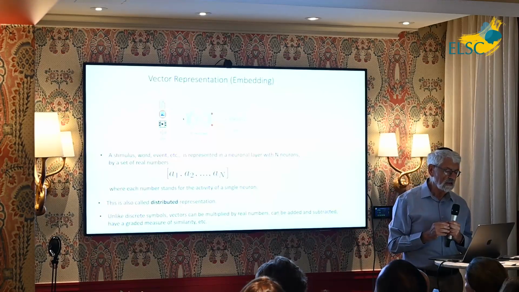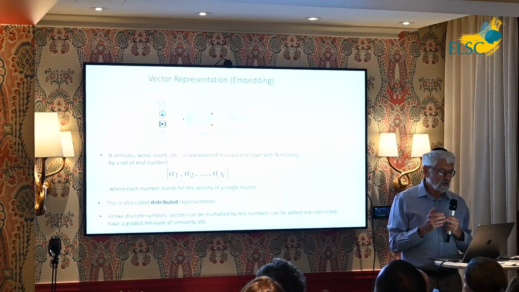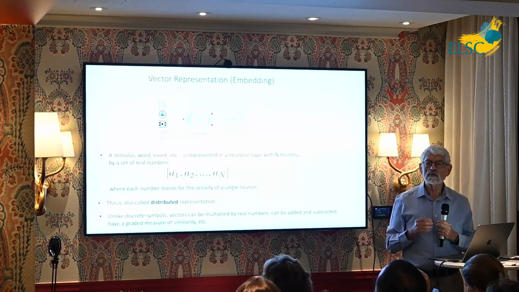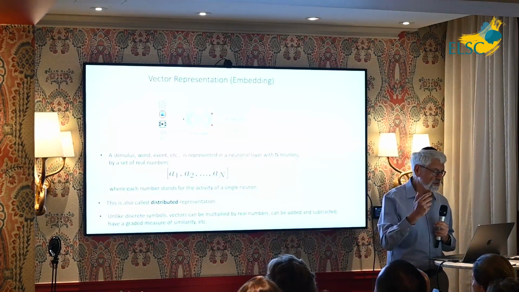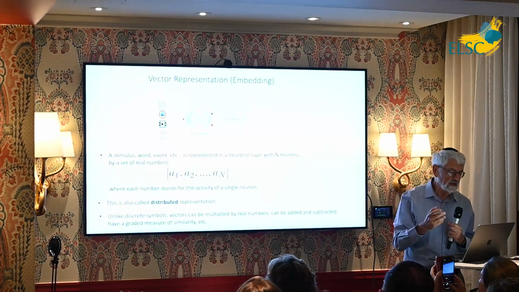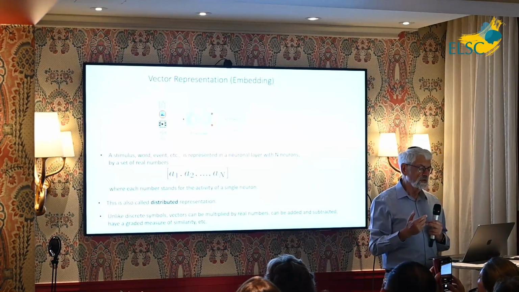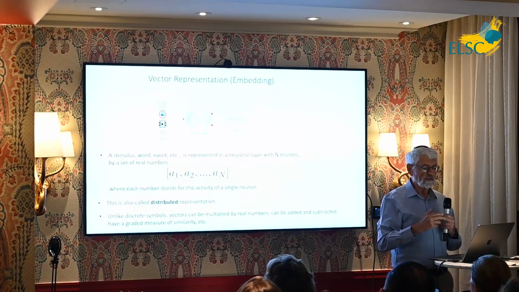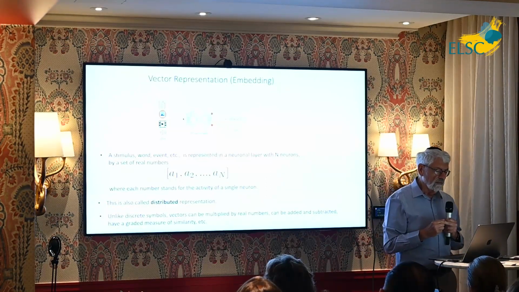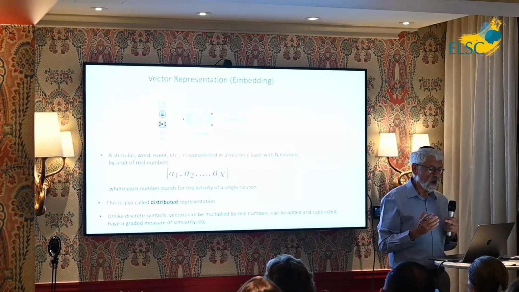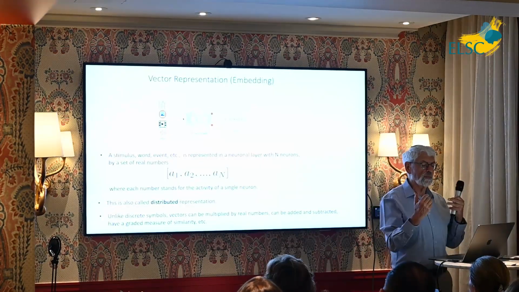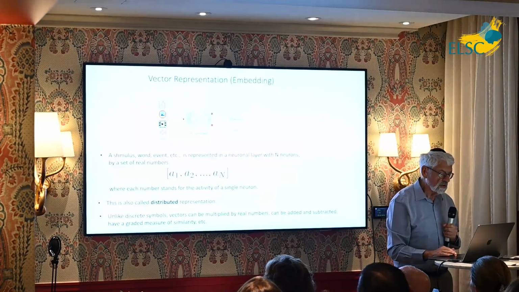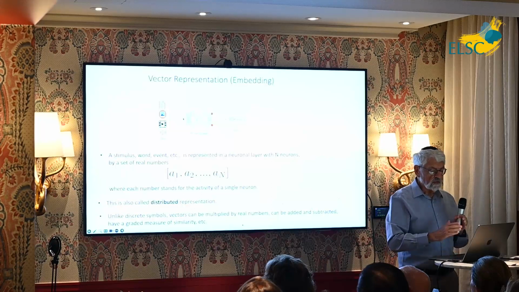You have to decide how you represent mathematically items in the world: an image, a stimulus, a word, an event, a speech sound, and so on. And common to all of this is something very analogous to how the brain actually responds to those events or stimuli. And this is basically a set of real numbers.